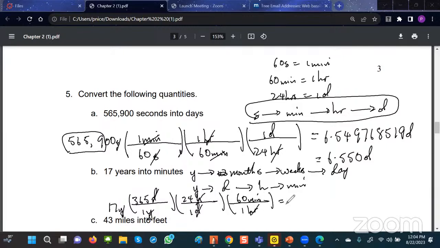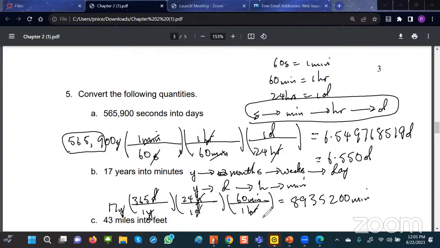So now we do the calculation part of it. 17 multiplied by 365, multiplied by 24, multiplied by 60. And the answer I got, and I'm just going to write down everything, 8935200 minutes.